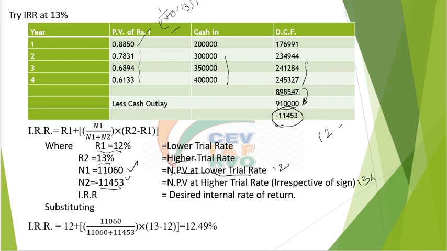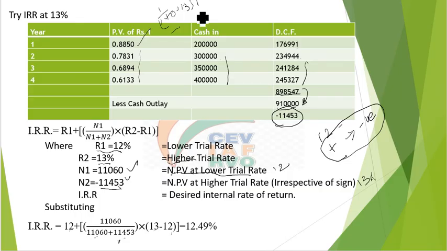So you have to do hit and trial until the value changes from positive to negative. One of the values should be positive and the other value should be negative. Then you have to use this formula. R1 is lower trial rate, N1 is value at lower trial rate 11060, then N1 plus R2, value at higher trial rate, plus value at lower trial rate, multiplied by R2 minus R1, higher trial rate minus lower trial rate.